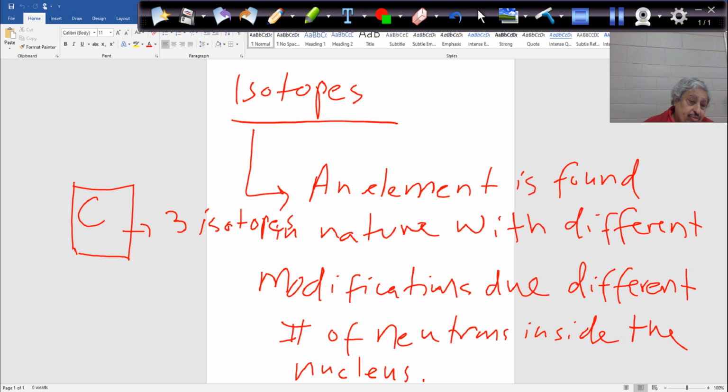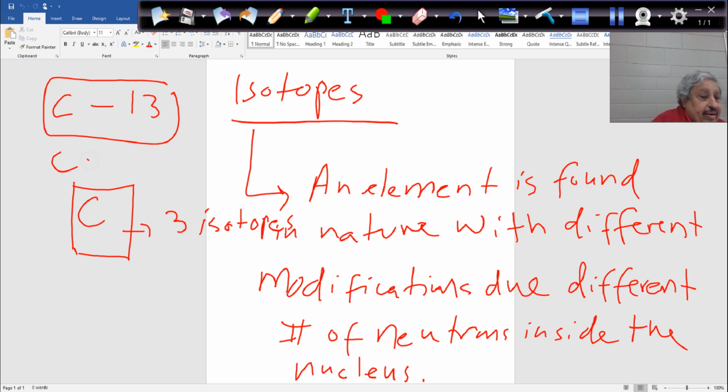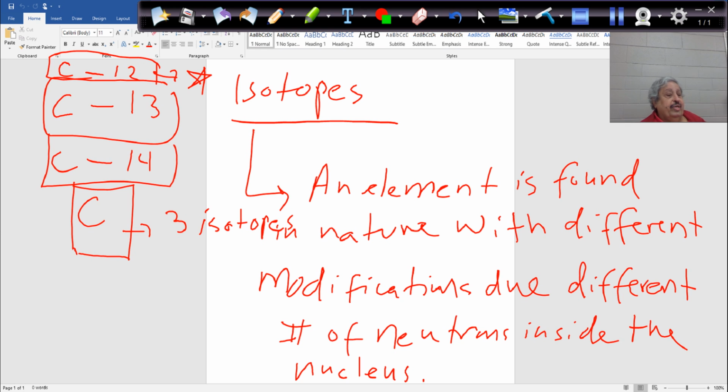We say carbon dash 13, that's the way you write an isotope, carbon dash 14, and the biggest one, carbon-12. This is by far the most abundant one. So carbon has 3 isotopes.